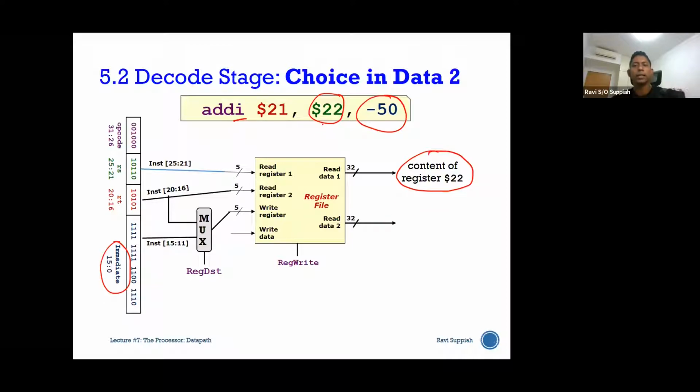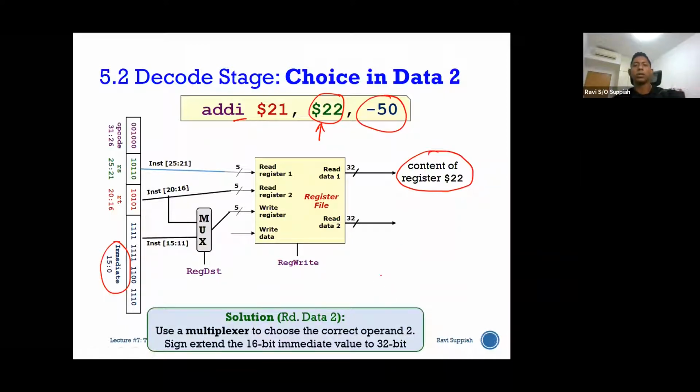So one data is already available here, the content of register 22. How about this negative 50, which is in the instruction, which is not from the register file? So what I need to do, again, I need to use a multiplexer to be able to select between two different data. One is, of course, this data. Because we just saw that for R type instruction, I want the data from both read data 1 and read data 2.